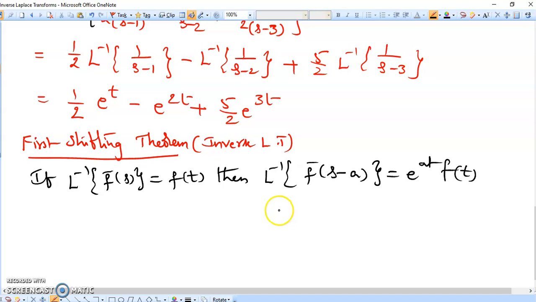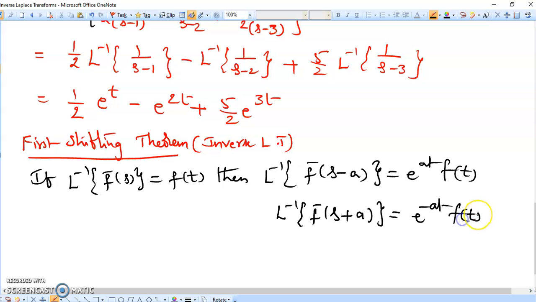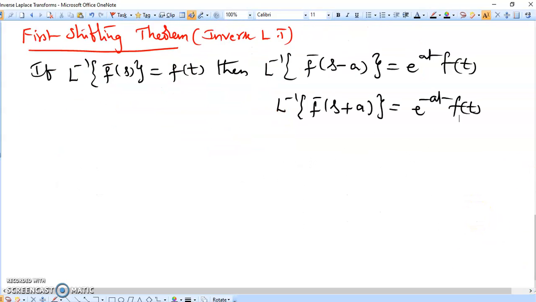If you replace a with minus a, this can be also written as L inverse of f bar of s plus a is e power minus at f of t. Okay. Now let us take one simple example and how this inverse Laplace transform is applied to a problem.